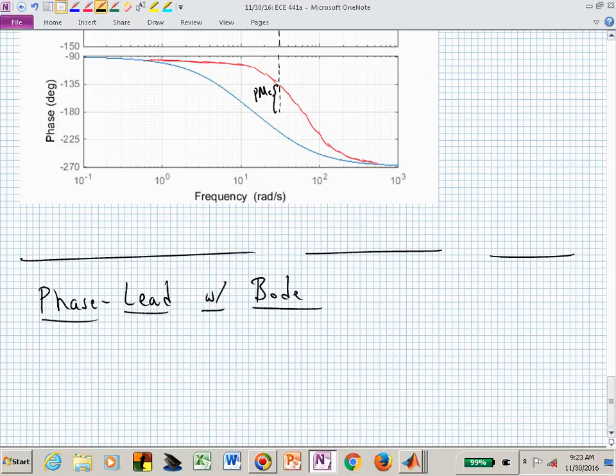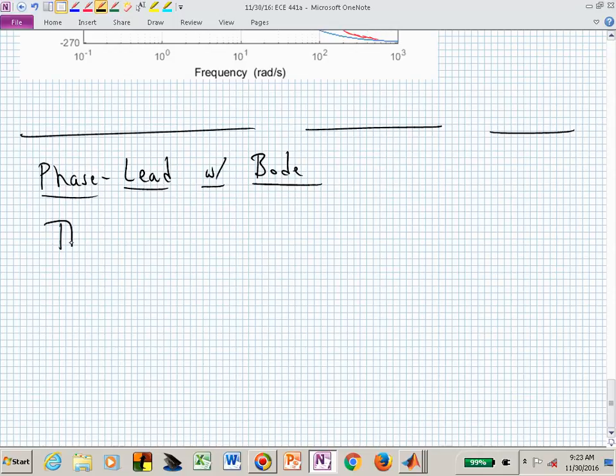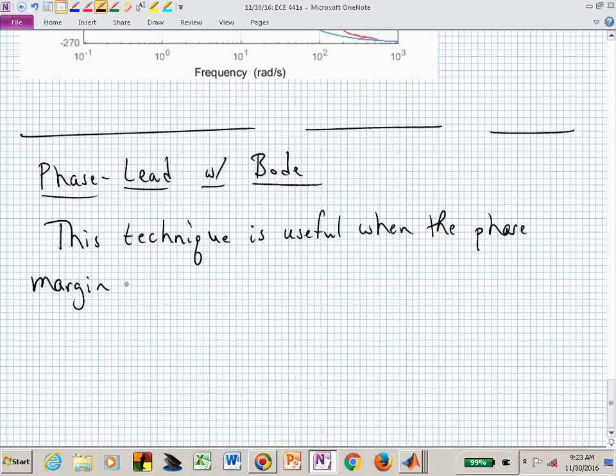Phase lead with Bode plots. As a reminder, this technique is useful when the phase margin needs to be increased without lowering the gain crossover frequency.